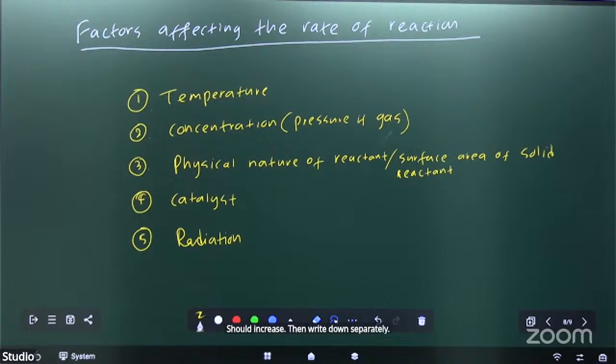Write down separately: the rate of reaction depends on the following 5 factors. Write down these 5 factors.